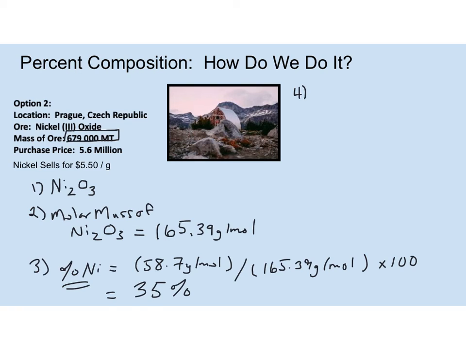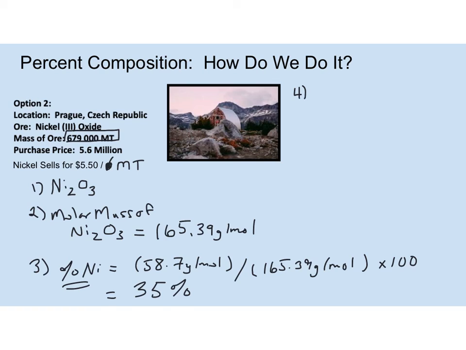All right, so we've got, this is going to be a pretty big number. Okay, we're going to just actually change this to pure per metric ton, just because this number is gigantic and we don't want to use it. Okay, so basically we know that 35% of 679,000 metric tons is nickel.